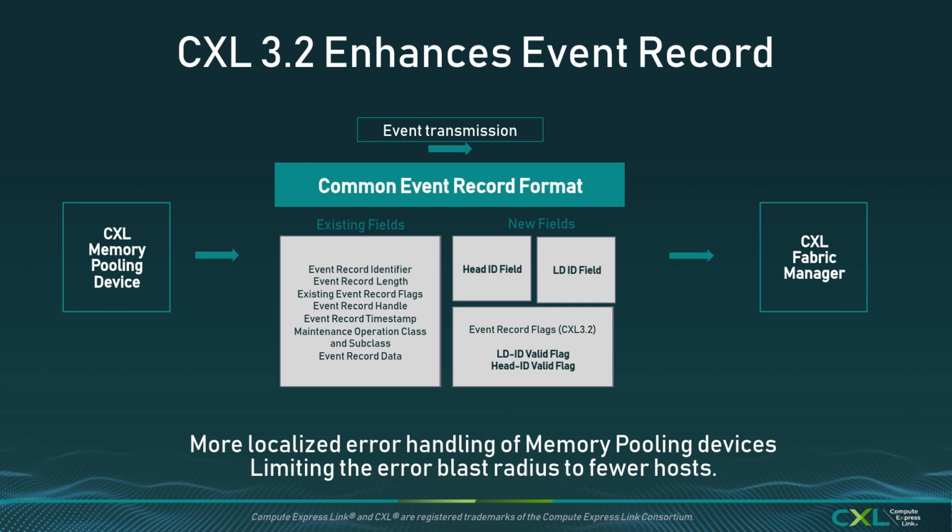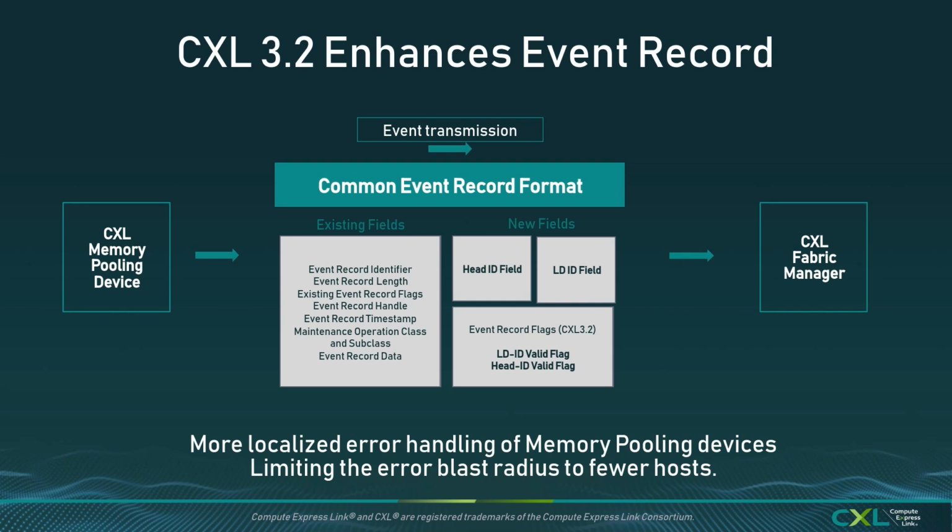So this enhancement allows the device to specify which of the hosts is affected by the error. The head ID and the LD ID fields shown here can be used by the fabric manager to decide which of the hosts is affected by the error, and only bring down or reboot that host, keeping all of the other hosts running. So it allows a more localized error handling.